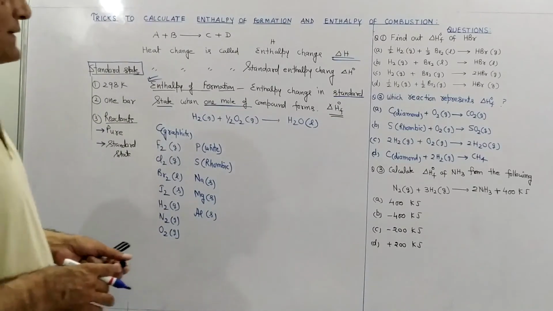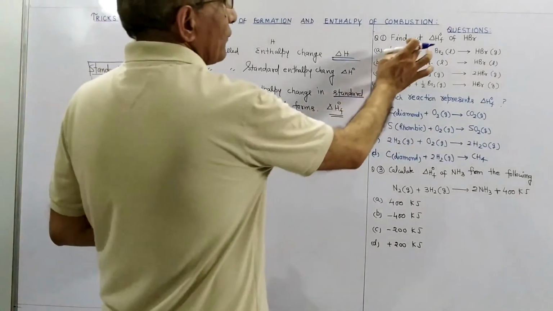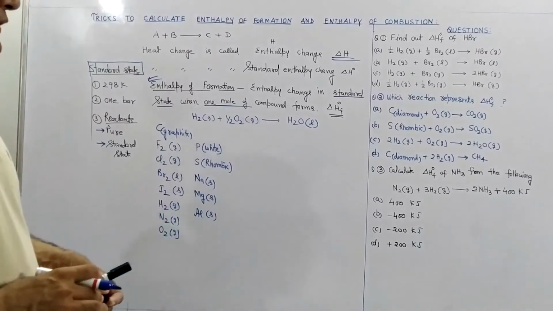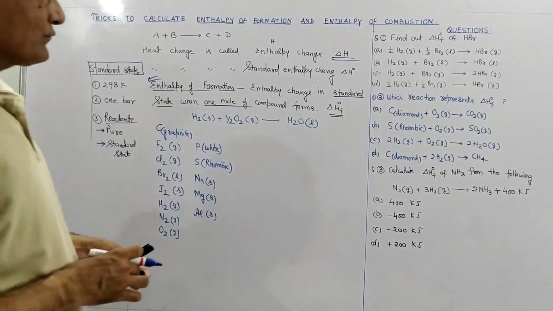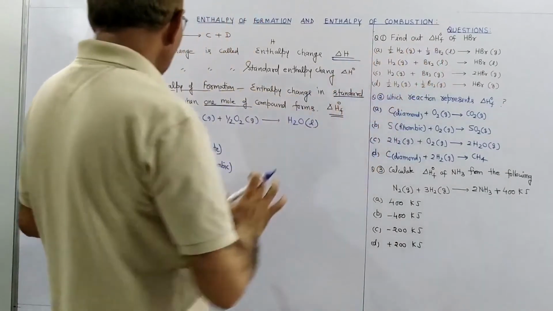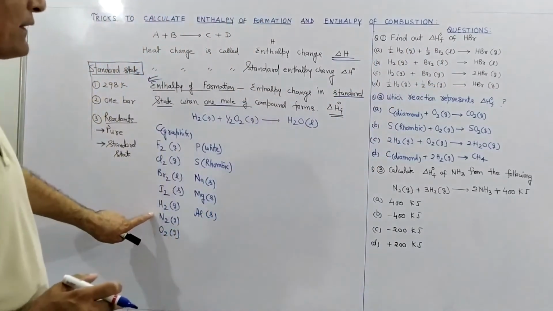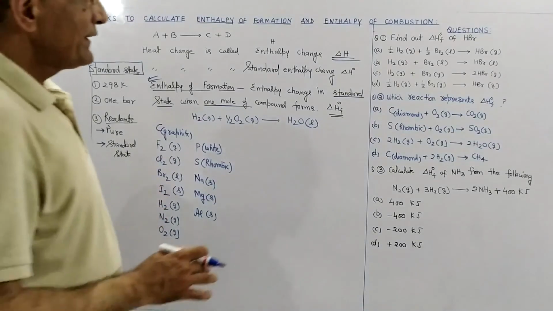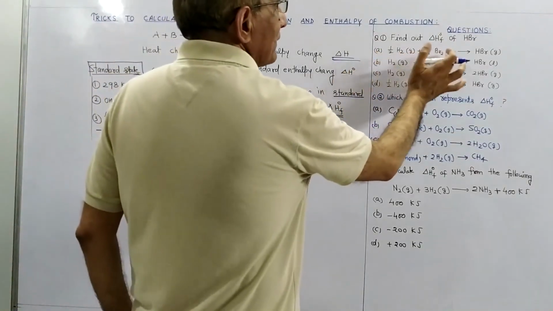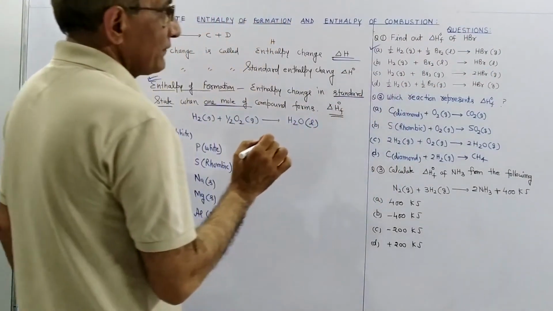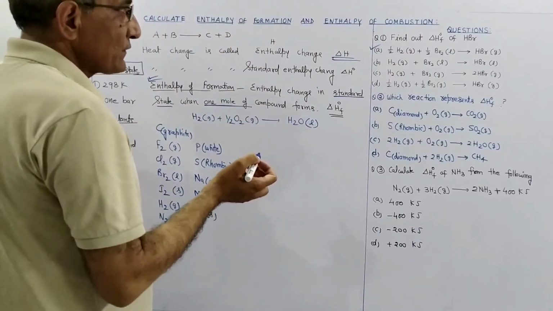For example, we will discuss this question. Find out the standard enthalpy of formation of HBr. Now in this case, we have to react hydrogen and bromine. Standard state of hydrogen is H2 gaseous, bromine is liquid. Here also it's written gaseous state, liquid state, so this is our correct answer. We'll check other answers also.